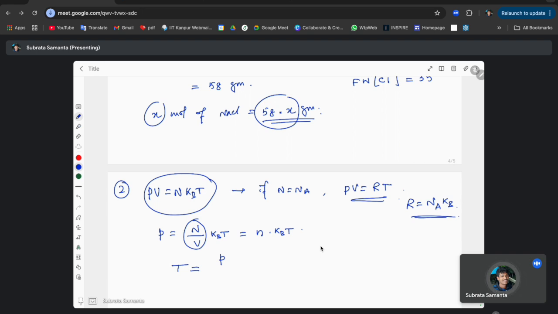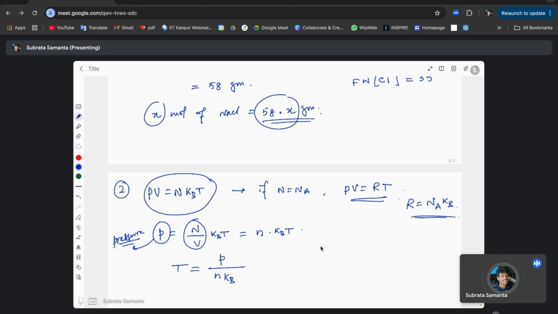This is very confusing, so just write that this is a pressure. So pressure P over n kB.